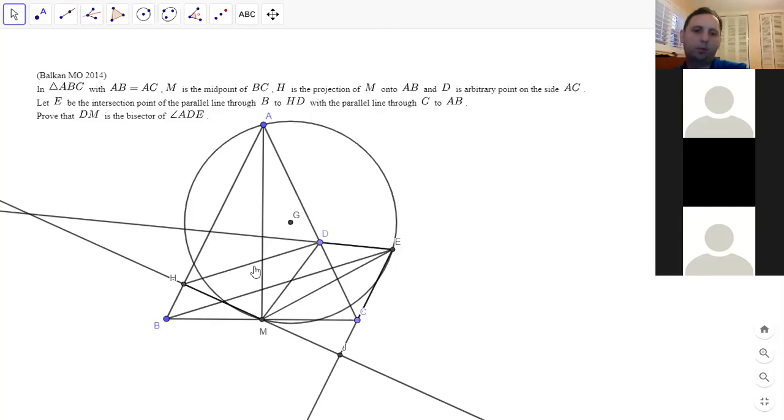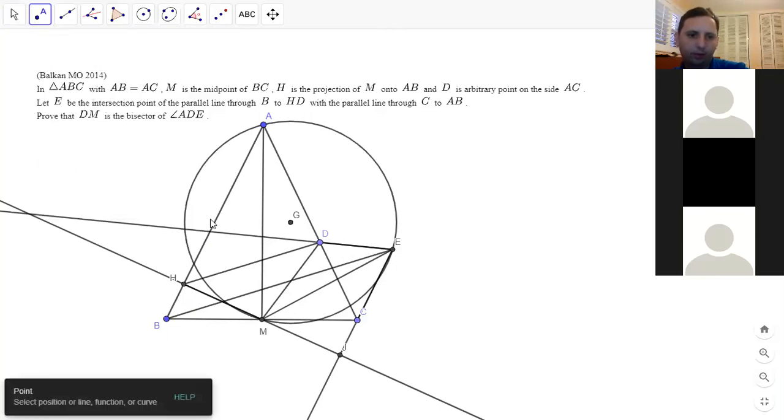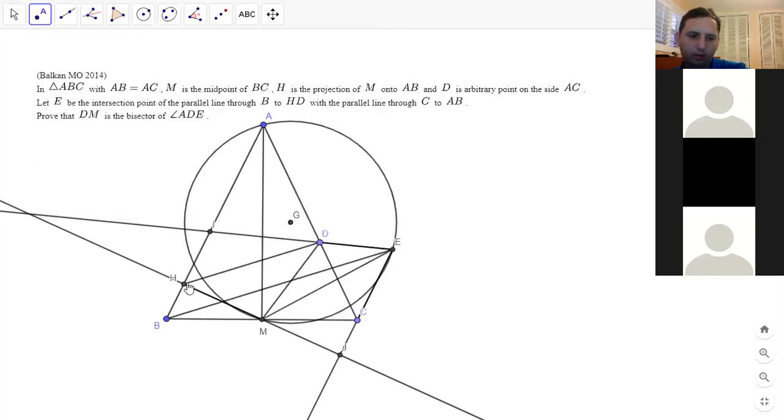Yeah, we haven't used much about point H. Maybe it's worth drawing this point so that we could use ratios. Yeah, we have to use H eventually.